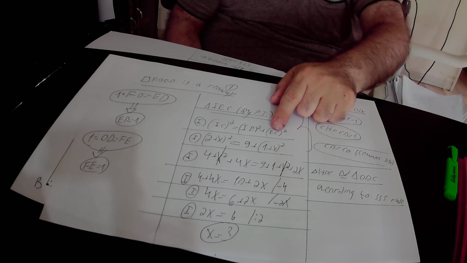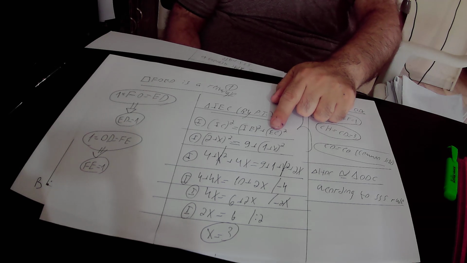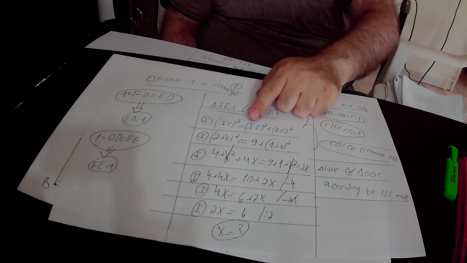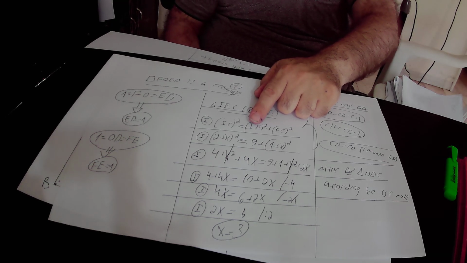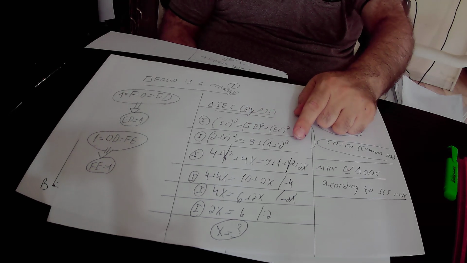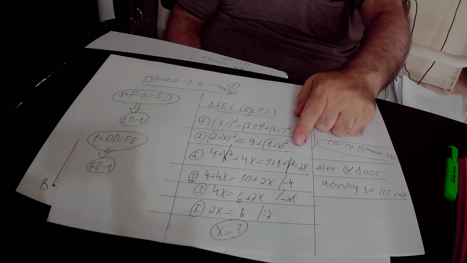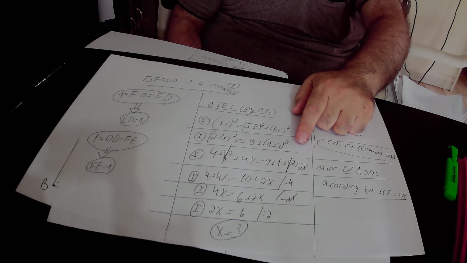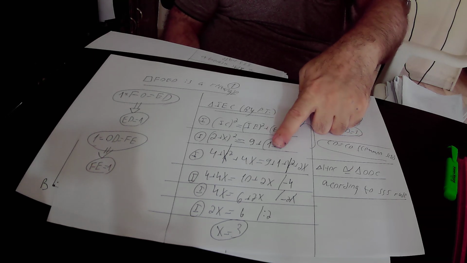We open the brackets on both sides: (2 plus X) squared equals 2 squared, that is 4, plus X squared, plus 2 times 2X, that is 4X, and it is equal to 9 plus (1 plus X) squared, which is 1 squared, that is 1, plus X squared plus 2X.